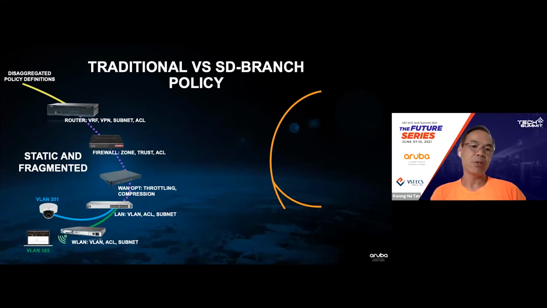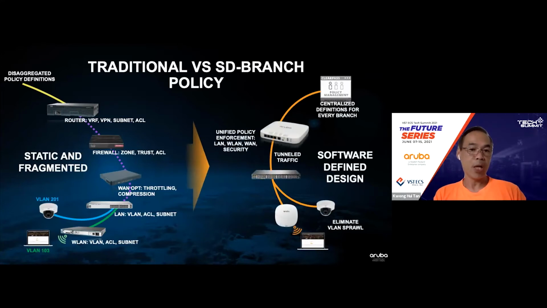And you even have additional appliances for routers that support VRF, VPN, subnets, and you add on additional ACLs as well. So as you can see, these devices are deployed in silos at different stages of the deployment. And this means that having too many different tools makes it very difficult to give you contextual awareness into your branch office.